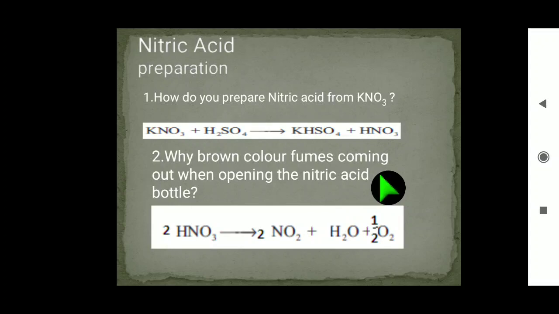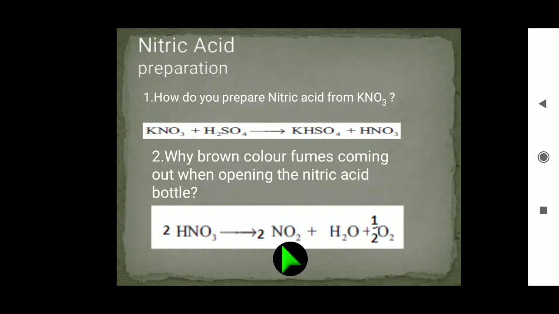So what is the reason? The temperature is kept as low as possible to avoid decomposition of nitric acid. The reason is the decomposition of nitric acid. It releases brown color fumes.